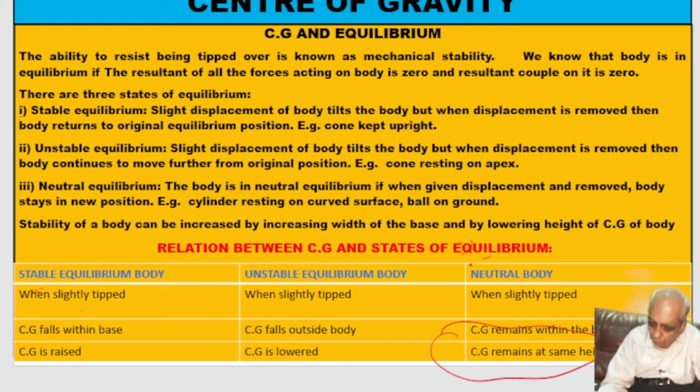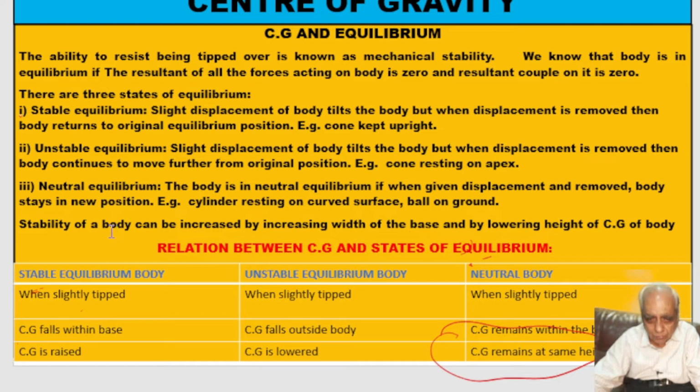Now you see what we mean by stability. You take any body, take some bottle, keep it vertical. If you give a slight tilt, it will come back to its original position. But if you tilt it more, it will fall down.